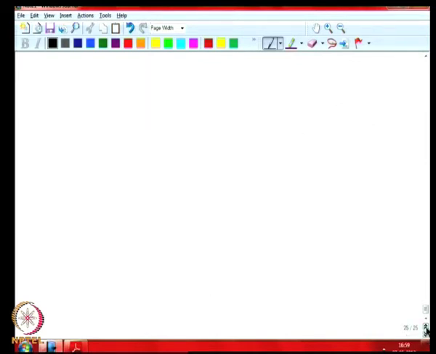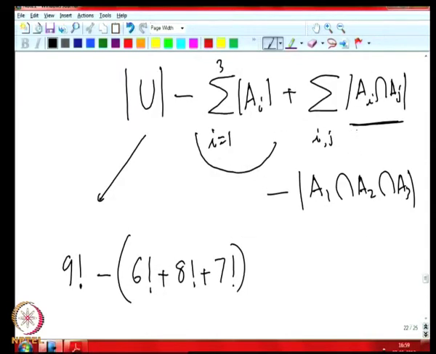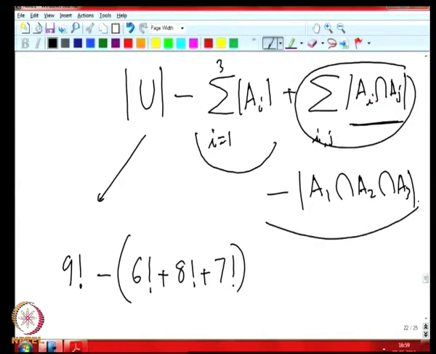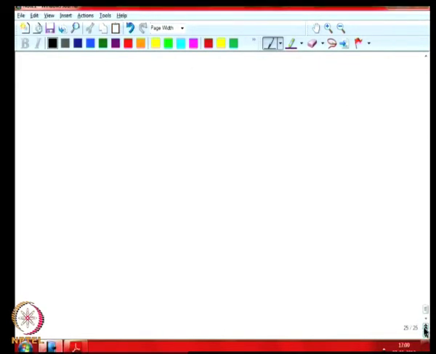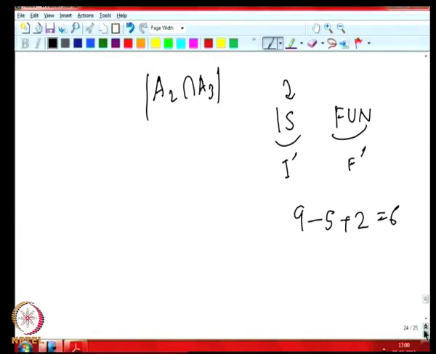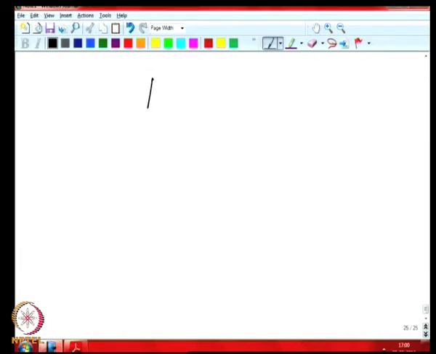And finally we can substitute in the formula here, each of them, and we sum it up. And here the final term is the cardinality of A1 intersection A2 intersection A3. Then how will I do this?